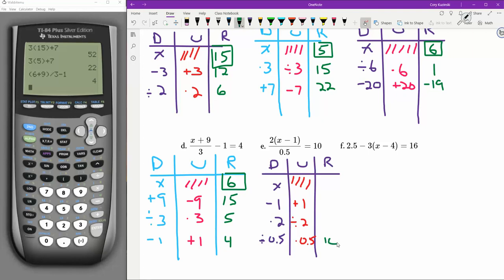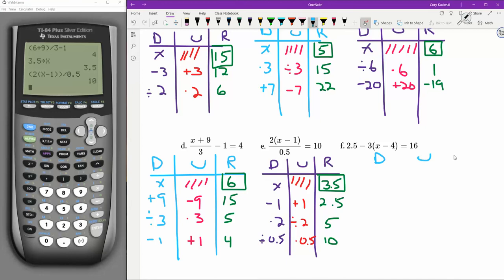Starting with the 10, multiplying by 0.5 is 5, dividing by 2 is 2.5, adding 1 is 3.5. I feel like we better check this answer. Let's take that 3.5, store it as x. My numerator is 2 times x minus 1. I'm going to divide by 0.5, and that's it. Yay, I got it. One more.